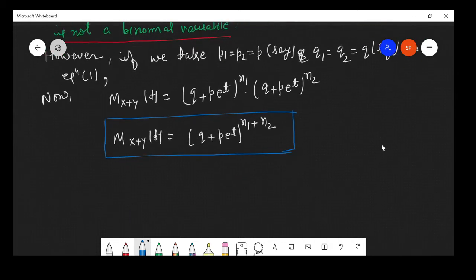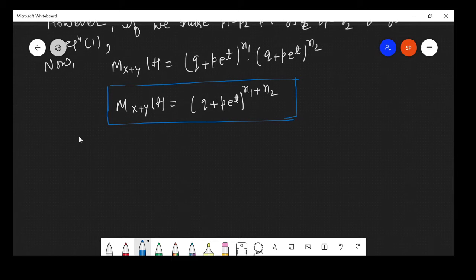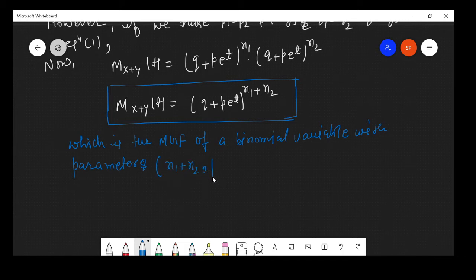And now we can write that this is the moment generating function of a binomial variable with parameters n1 plus n2 comma p.